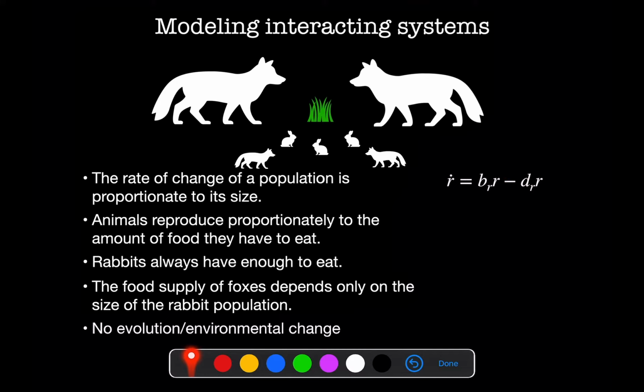What happens with the foxes now? There's some natural rate at which they get old and die, but the growth rate of foxes depends on how much they have to eat. So it's going to be the population of rabbits, that's our R here, and then it's going to have some scalar outside of it. This is the birth rate of foxes. So foxes here are happily eating rabbits and reproducing.